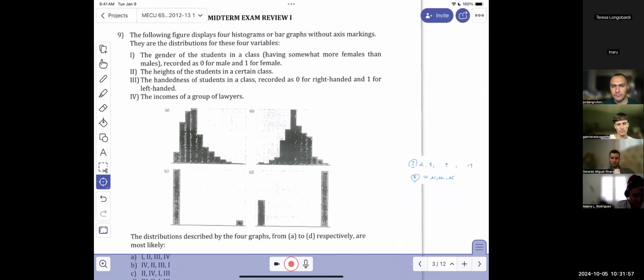So they have 4 descriptions and 4 histograms, and you have to match them. So this is showing continuous data. And this is just count data.